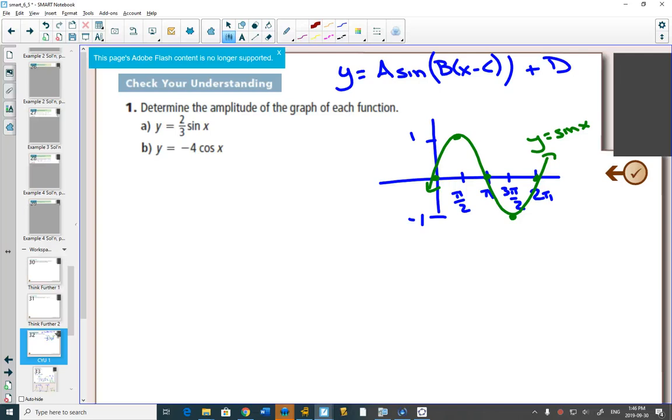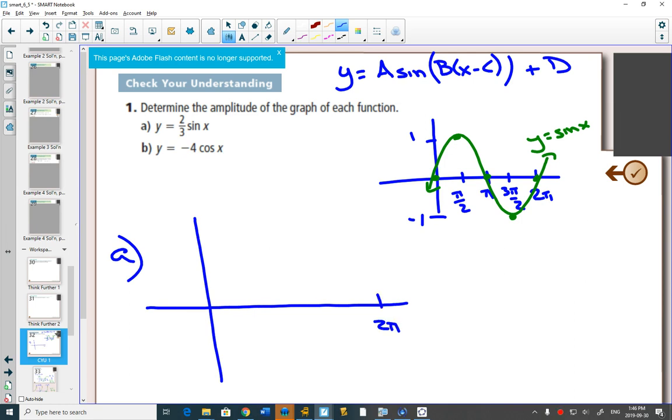So for A, I can still have these four sections, pi over 2 and 3 pi over 2. They're not going to change because they're x values. Can you see where your y values are 0? They're not going to change because you'd be multiplying your y value by 2/3, right?